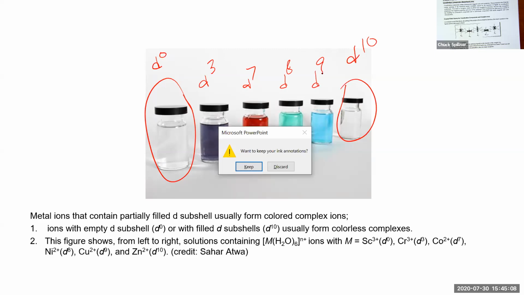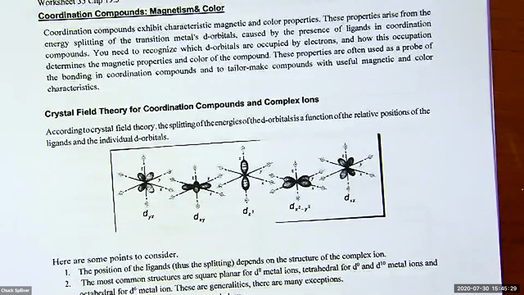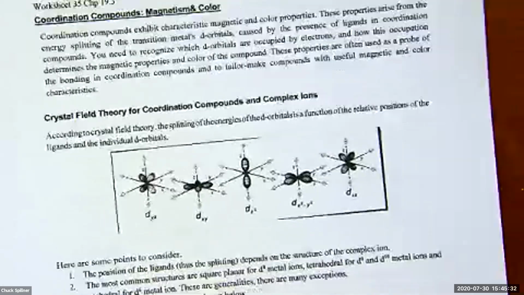So that's the end. I'm going to go over to the worksheet, which will review or summarize some of this stuff. We'll go over some of the things we just talked about in the lecture. So I'll stop the share. And here's the worksheet.